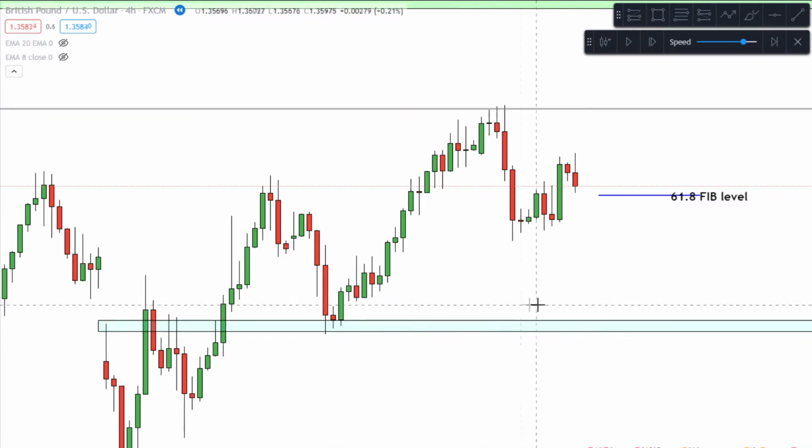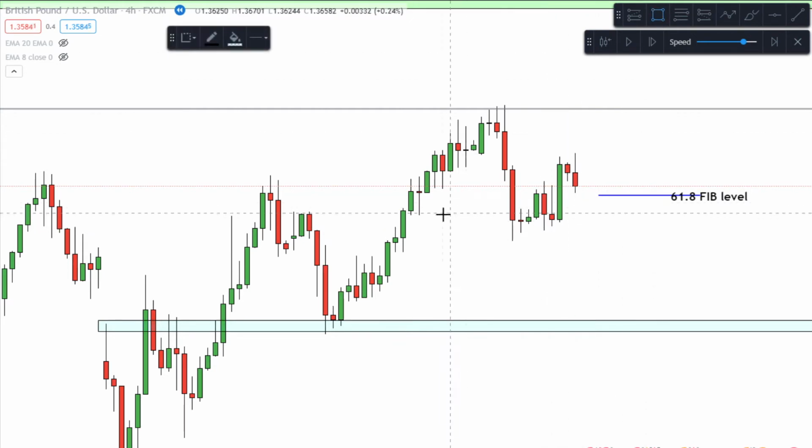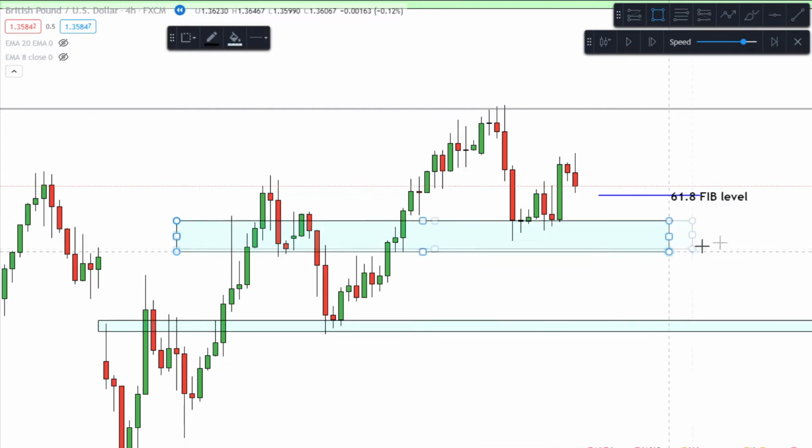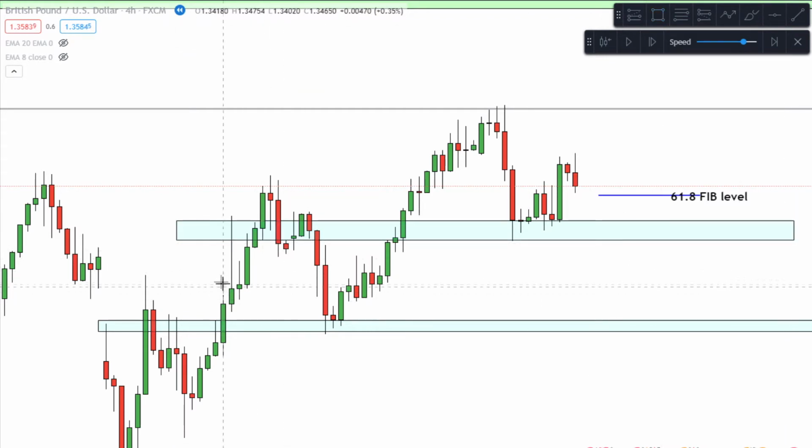The next thing for me would be letting the market play out. You understand the structure of the market, how market is pushing up and then pushing down again. We have not broken this recent high or low, so we know that we are still in a buy market, okay? And we know that here is a key level. Why? Because price has wick rejection here. We can also drag it along here.